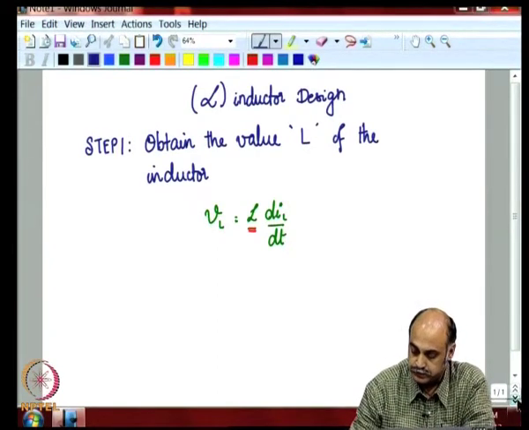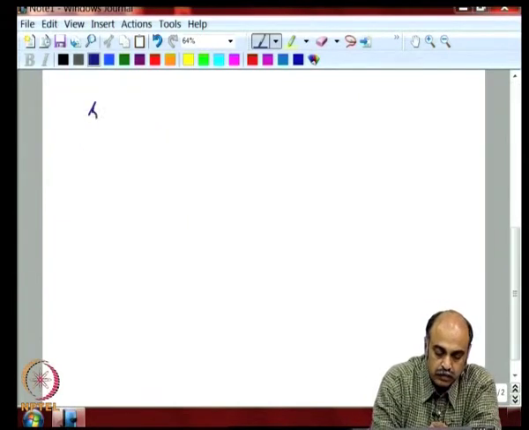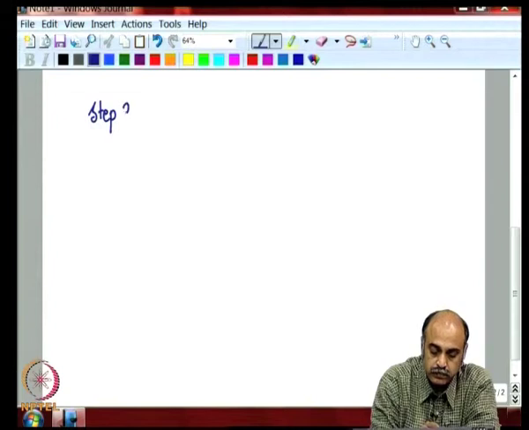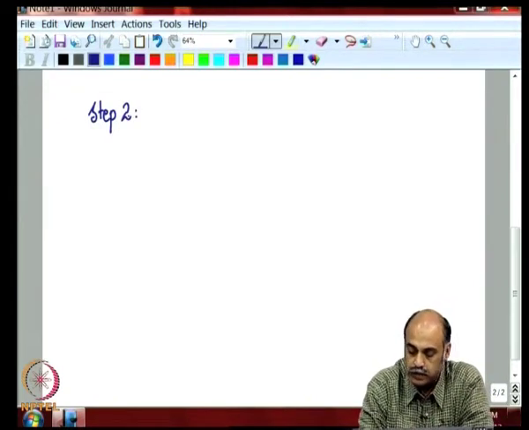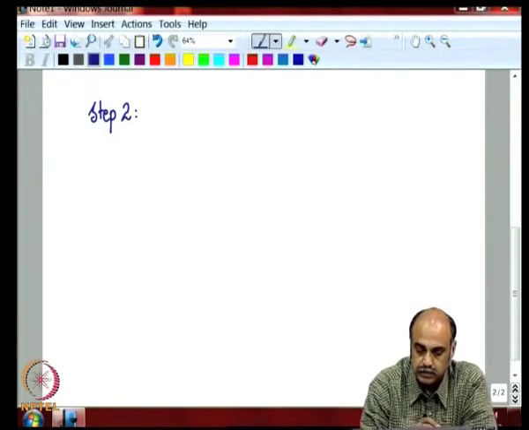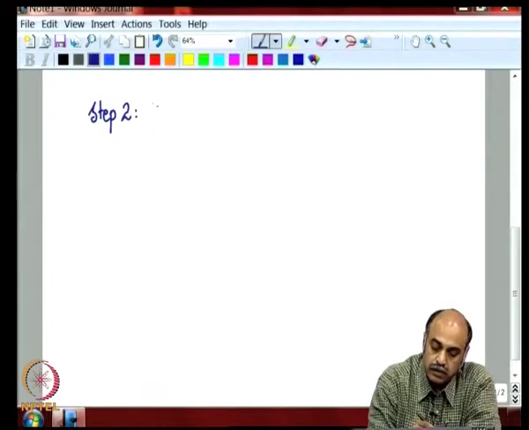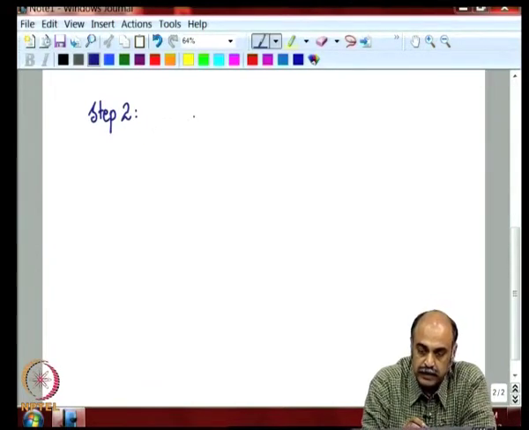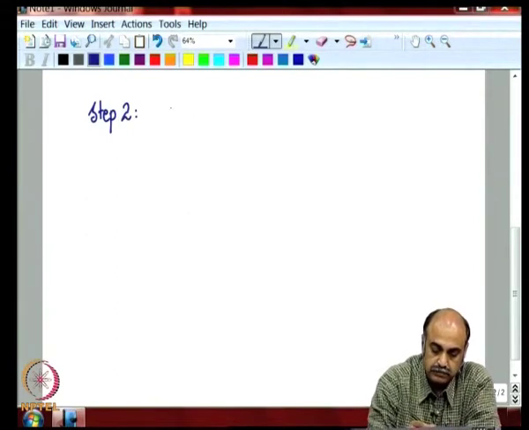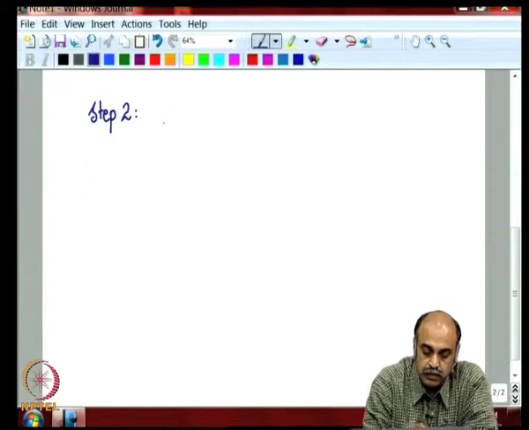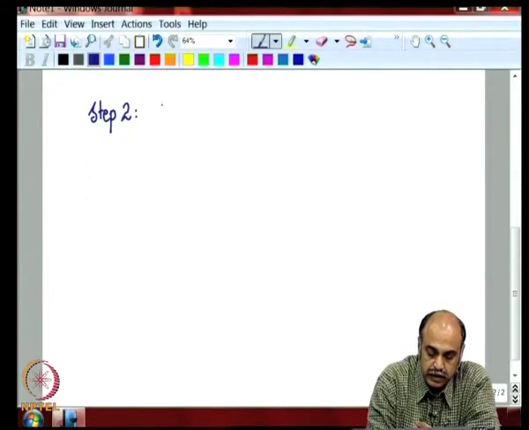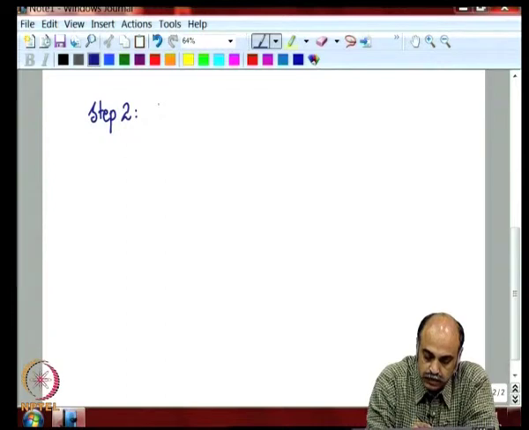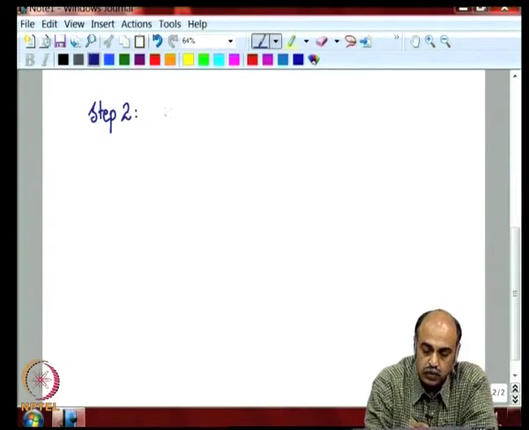Now, step 2. Step 2 is to obtain the area product as we discussed in the previous class. We would like to link the electrical and the magnetic parameters, magnetic and mechanical parameters, and that we have done through two physical parameters called the core cross section area and the window area.